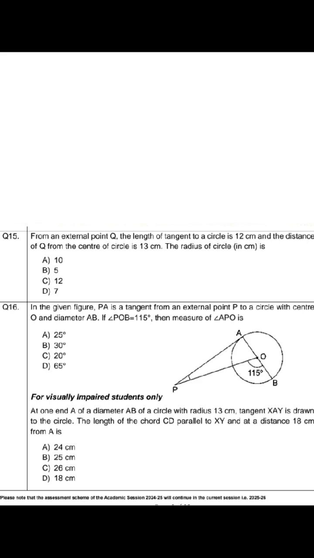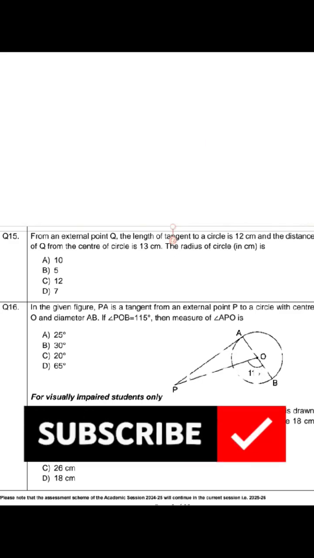From an external point Q, the length of the tangent to a circle is 12 centimeter, and the distance... You draw your first circle. Point Q, where is the point Q? An external point.